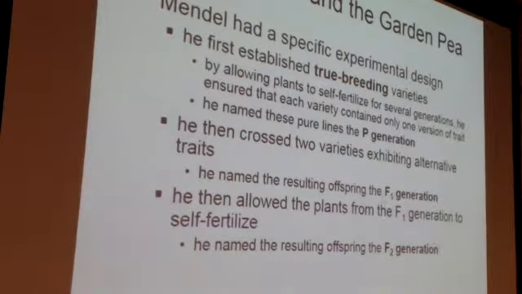F1 actually stands for first filial. That's the kids. F1 is first filial. That's the kids or the offspring of the P generation. So the P plants, those are the parents. Their kids are the F1s.